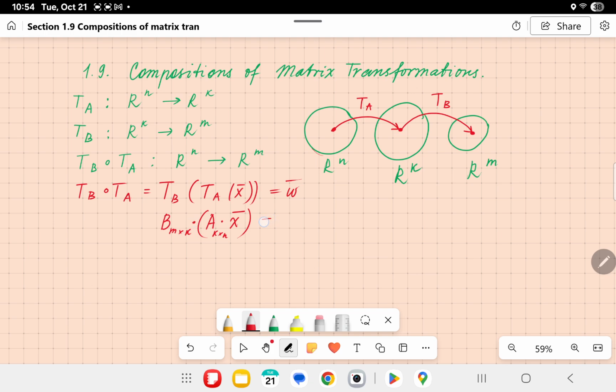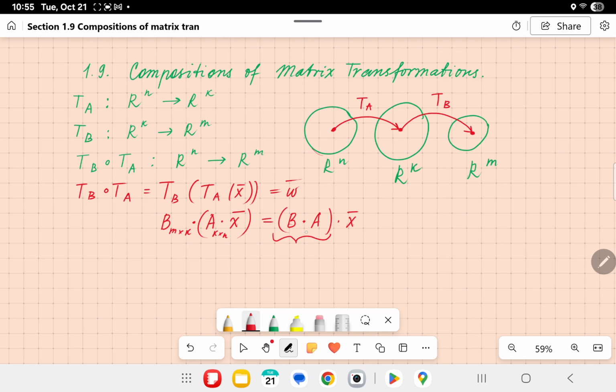And finally, guys, because we have this associative law for matrices, we can write down that basically this is matrix B multiplied by matrix A and multiplied by vector X. And this can be called a matrix of composition.